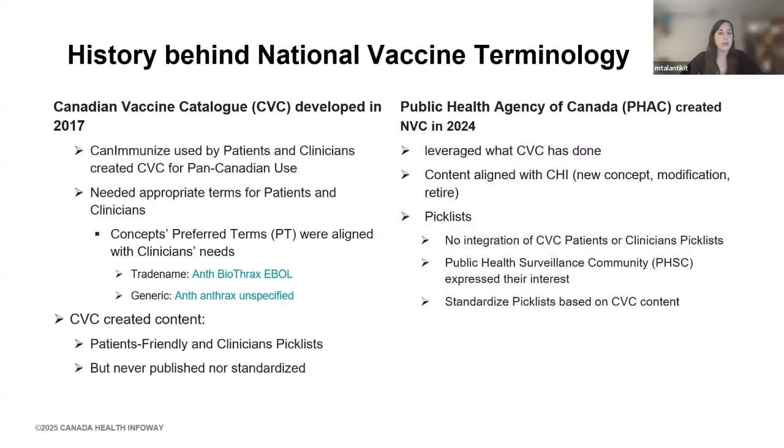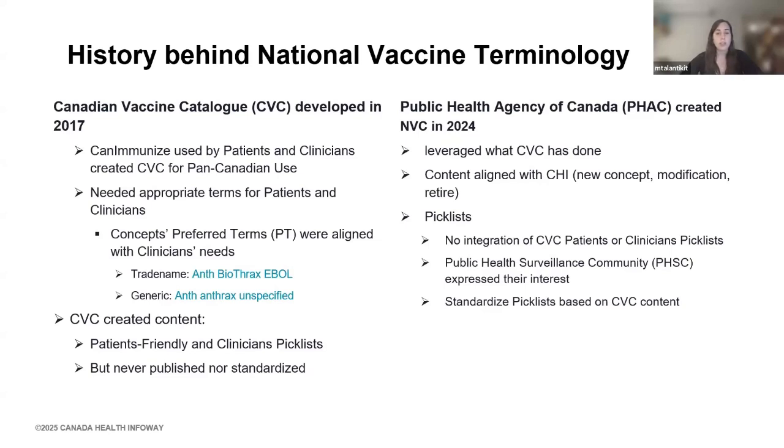So just to give you a little history behind the national vaccine terminology. Back in 2017, Ontario requested a common language because a lot of jurisdictions were using a common tool, which was Panorama, and is still used today.